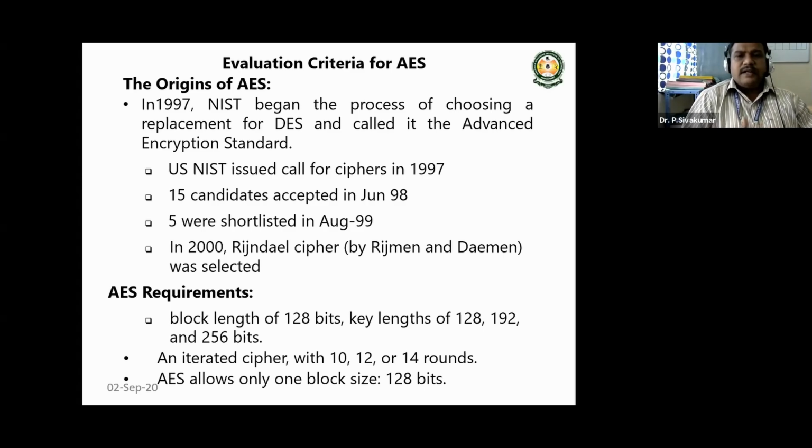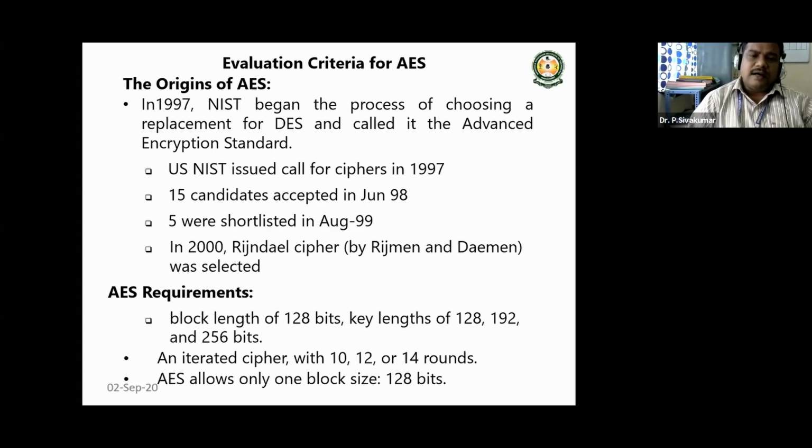So that's why we needed a replacement, called the Advanced Encryption Standard. Initially the US NIST issued a call for ciphers in 1997. Totally 21 proposals came to NIST. Of these 21, 15 candidates were accepted in June 1998.